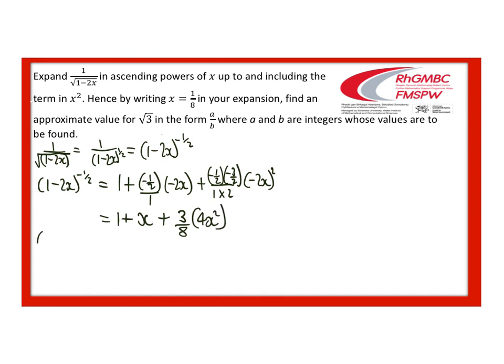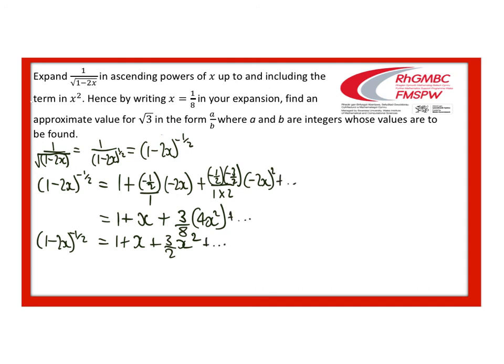And so finally, I get (1 minus 2x) to the minus a half equals 1 plus x plus 3 over 2 x squared, cancelling the factor of 4 in the numerator and the denominator. Okay, so there's our expansion. Technically I should have plus dot dot dots at the end, so I'll do that.